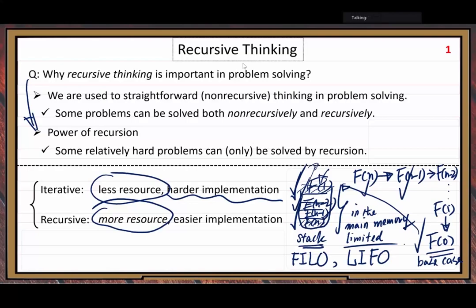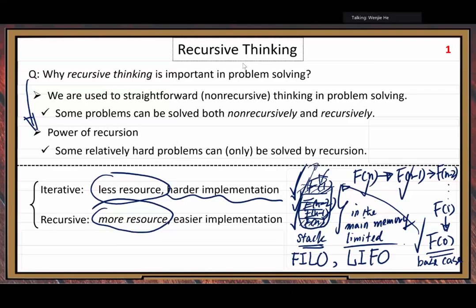And when you use more memory resource, your RAM resource, we know all the programs running on your computer need to use the memory resource. They share the memory resource.